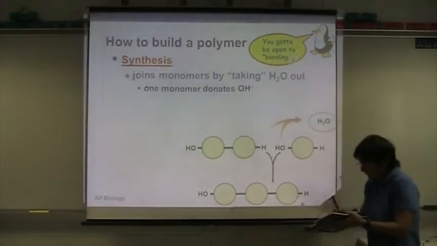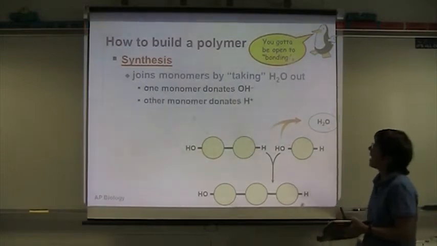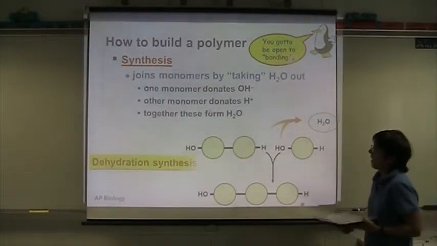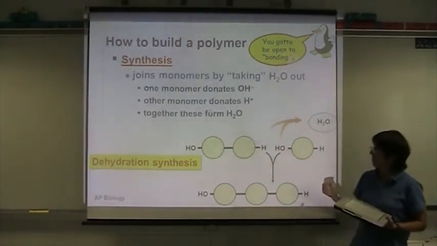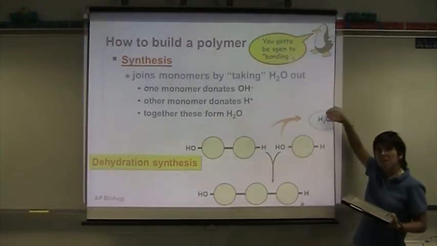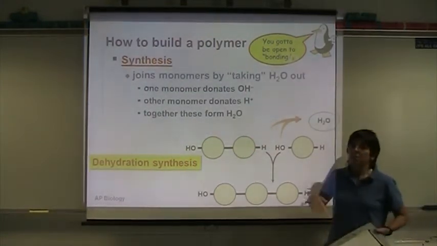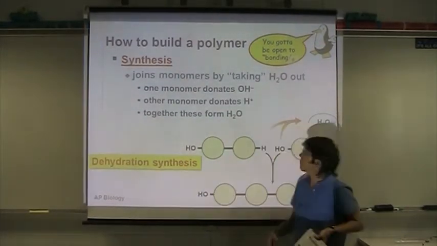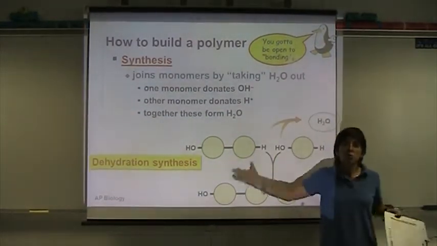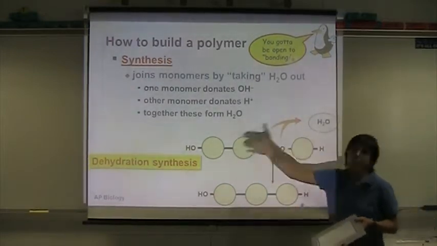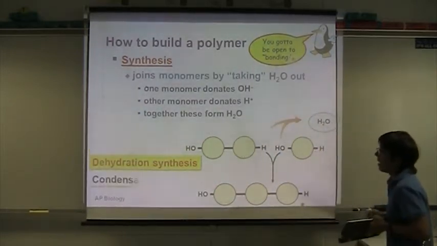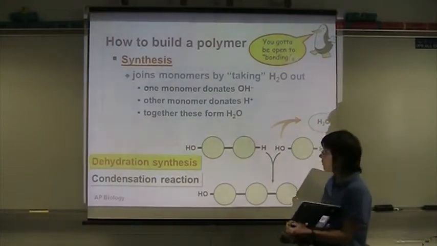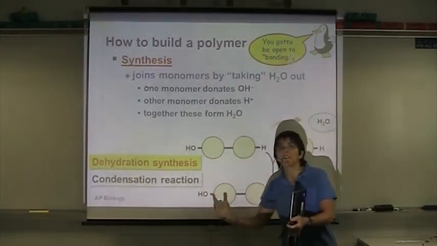In this case, this type of reaction that joins monomers together by removing a molecule of water is very conveniently called a dehydration synthesis, because dehydration means when you lose water. You lose water, you have dehydration. Another name by which you might find it is condensation.